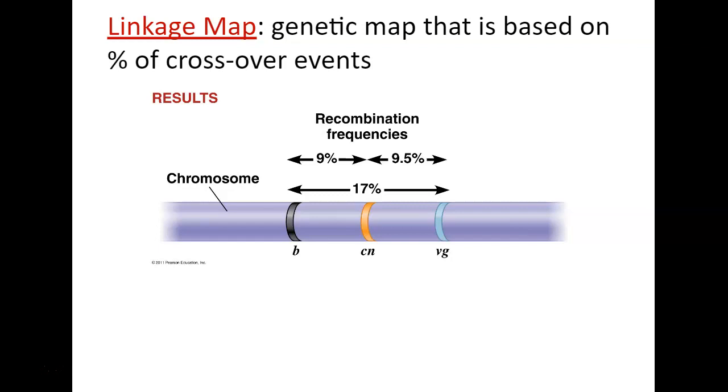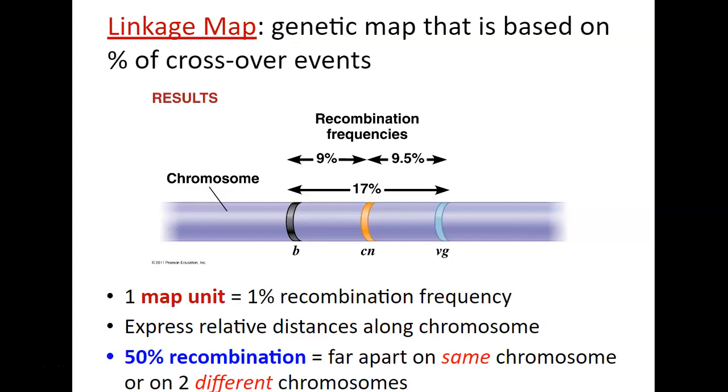By observing the number of recombinants that occur by crossing different traits together, you can really get a picture or start to organize where genes must be on a chromosome. The idea here is that a 1% recombination frequency translates to 1 map unit, or 1 step, I guess, on a chromosome.